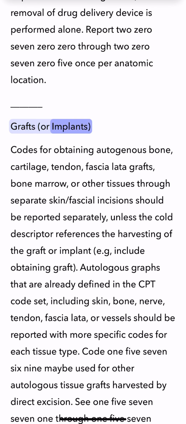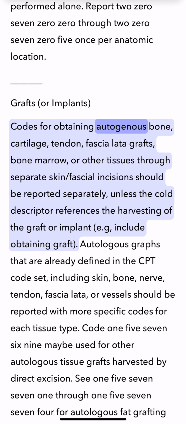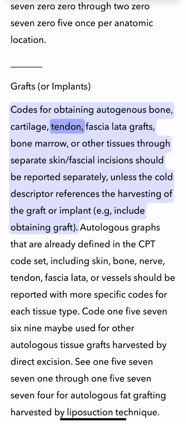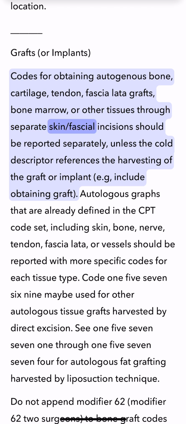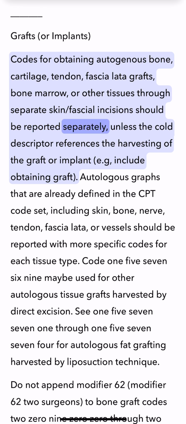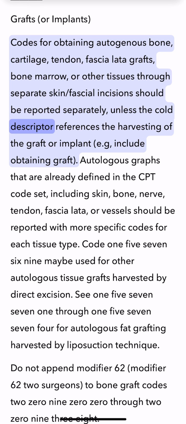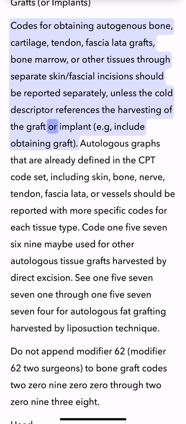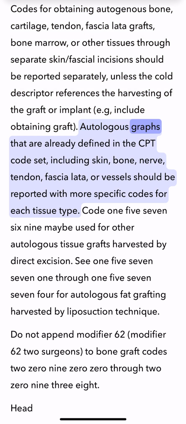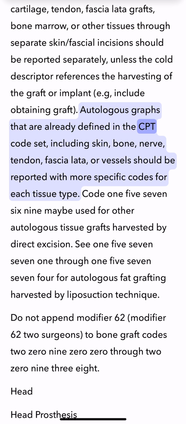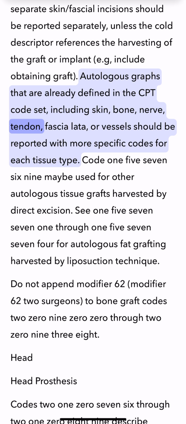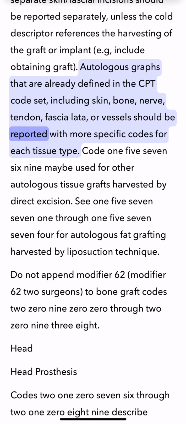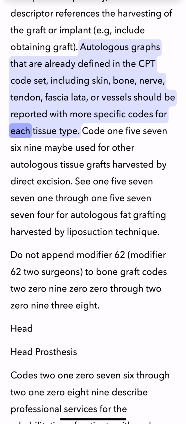Grafts or implants. Codes for obtaining autogenous bone, cartilage, tendon, fascial autografts, bone marrow, or other tissues through separate skin or fascial incisions should be reported separately, unless the code descriptor references the harvesting of the graft or implant. For example, include obtaining graft. Autologous grafts that are already defined in the CPT code set, including skin, bone, nerve, tendon, fascia lata, or vessel should be reported with more specific codes for each tissue type.